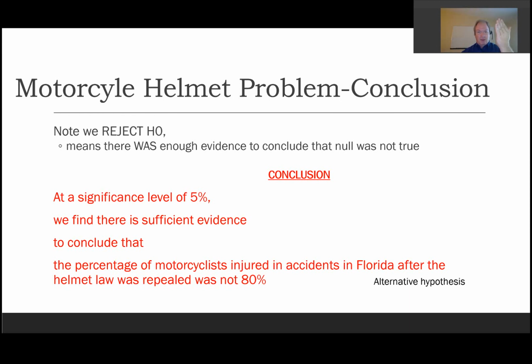So at a significance level of 5%, we find there is sufficient evidence to conclude that, and then we write the alternative. The alternative was that the percentage of motorcyclists injured in accidents after the helmet law was repealed in Florida was not equal to 80%. So we take that alternative hypothesis and we morph it into words.